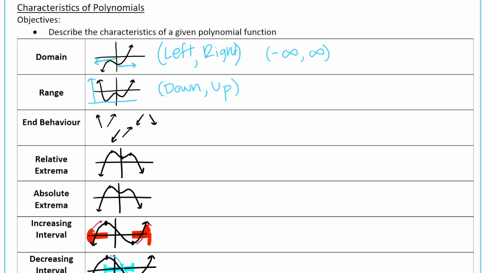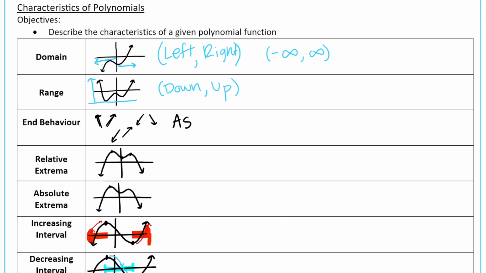Okay, so let's talk about the end behavior of a graph. The end behavior is talking about the little ends of the graph, the arrows that we draw on the ends whenever we're sketching polynomials or other graphs. They can go in the same direction, down, up, or different directions, but we'll describe things in terms of x and y.